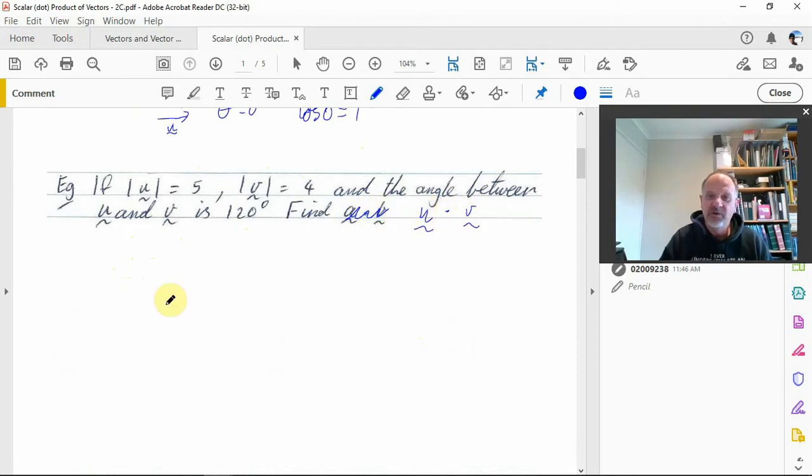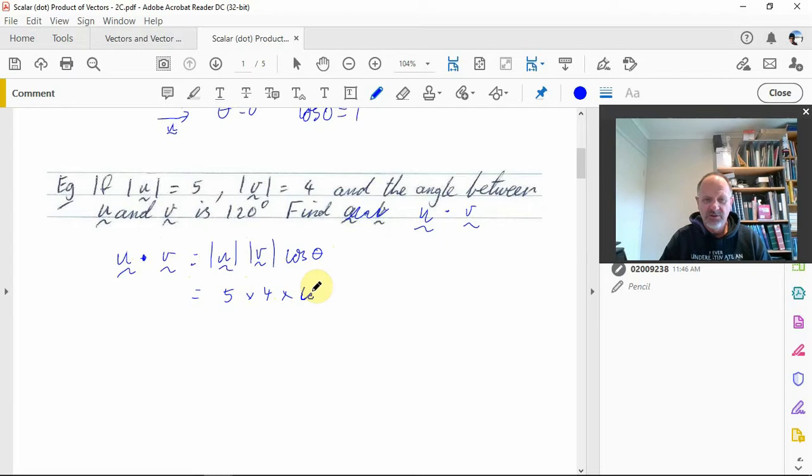So u dot v is the magnitude of u times the magnitude of v times cos of the angle in between. So 5 times 4 times cos of 120.